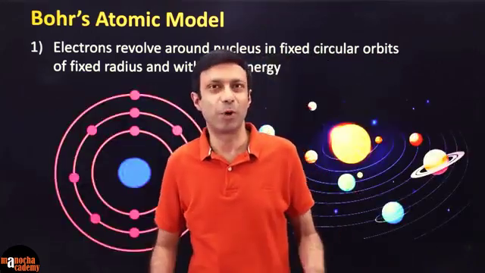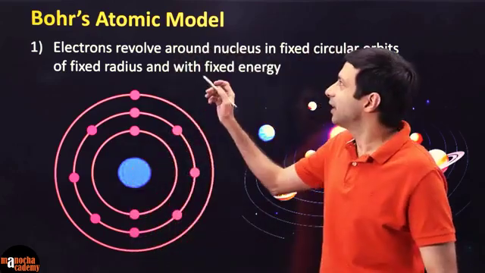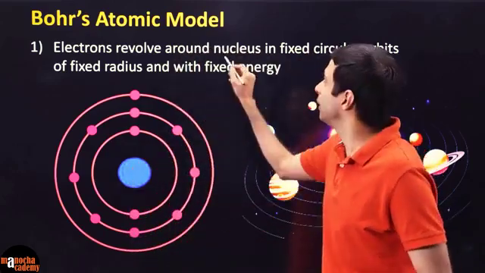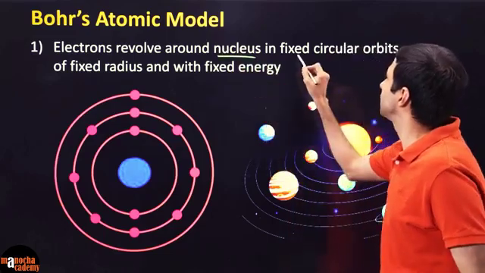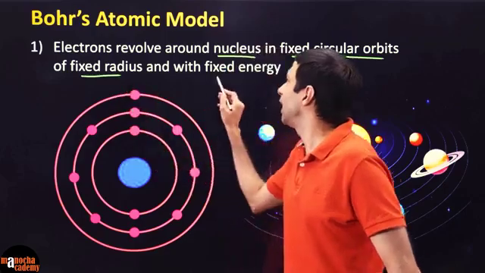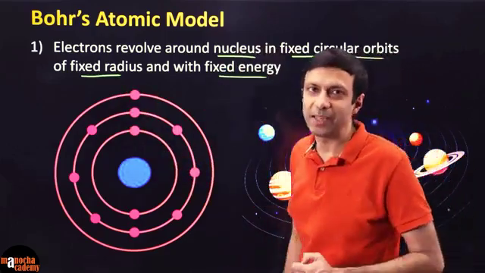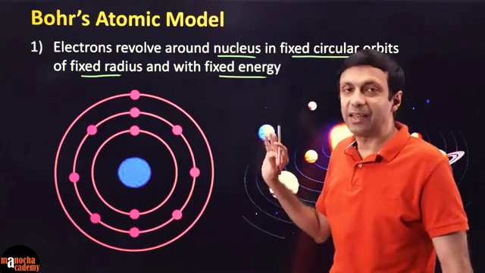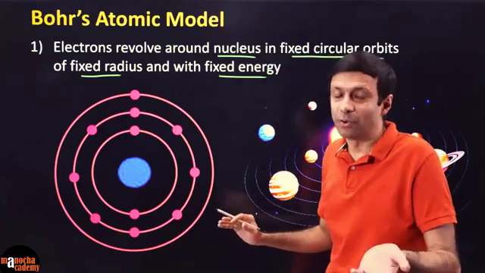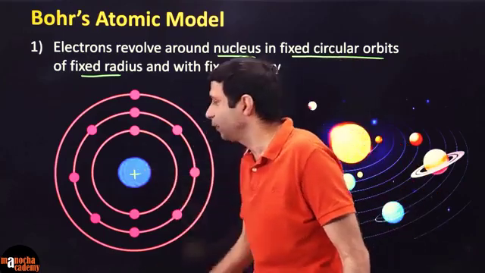Let's look at the first point of Bohr's atomic model. The first postulate states that electrons revolve around the nucleus in fixed circular orbits of fixed radius and fixed energy. Let's understand what he meant by this. We know, from Rutherford's model, that the atom has a positively charged nucleus.